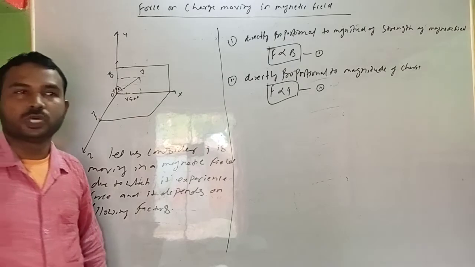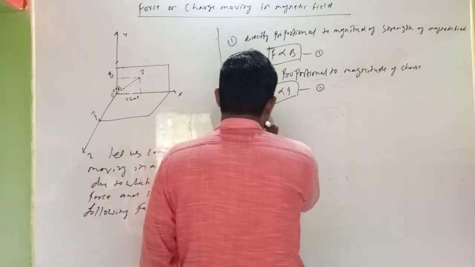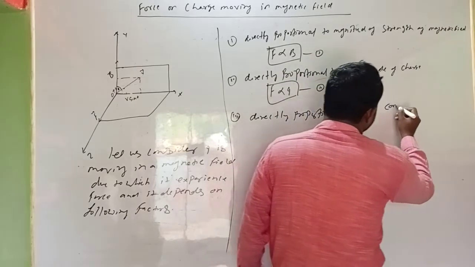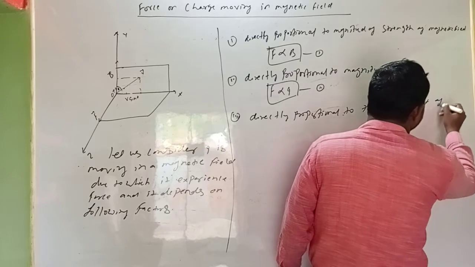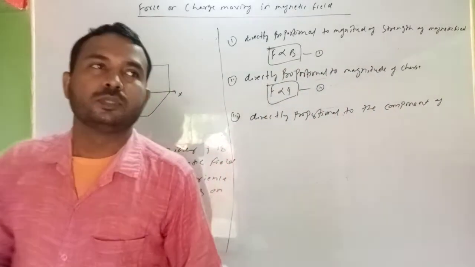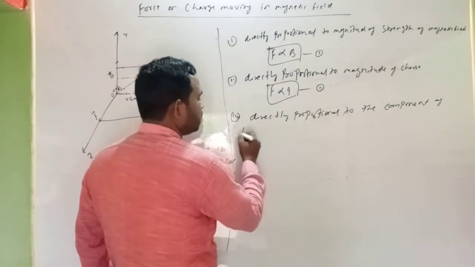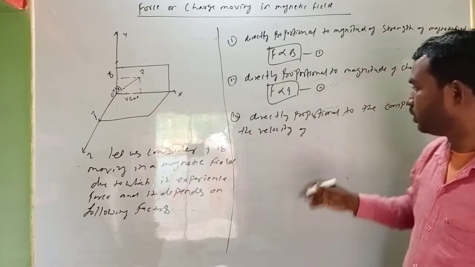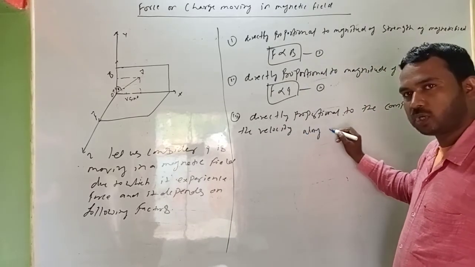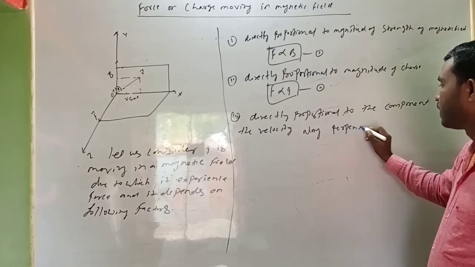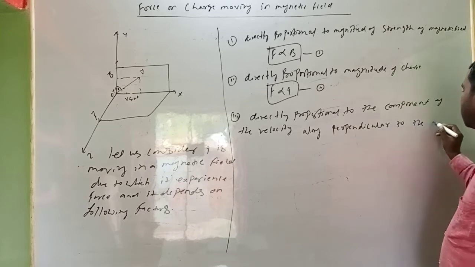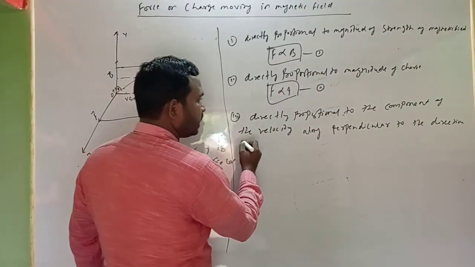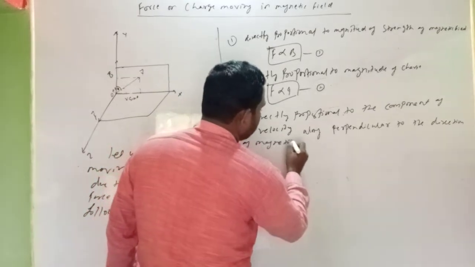So you will also write, directly proportional to the component of velocity, the velocity perpendicular to the direction of the magnetic field.